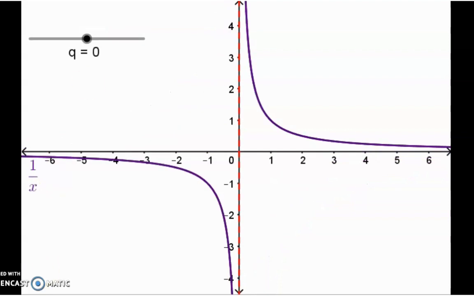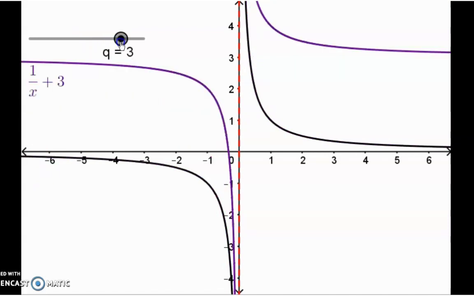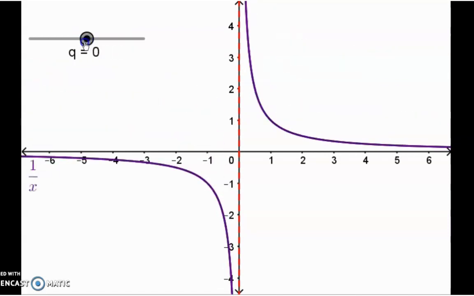The next transformation is to add or subtract a q value. And just like with the straight line and the parabola, this constant value indicates a vertical translation. If I make this q value positive, the whole graph will move upwards. And if I make this value negative, the whole graph will move downwards.